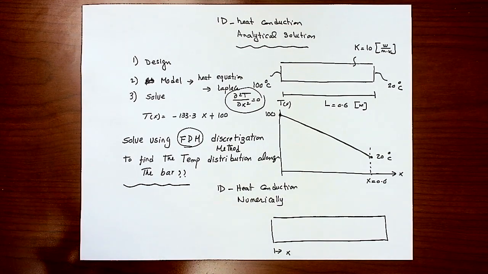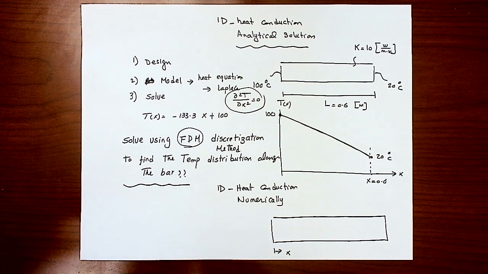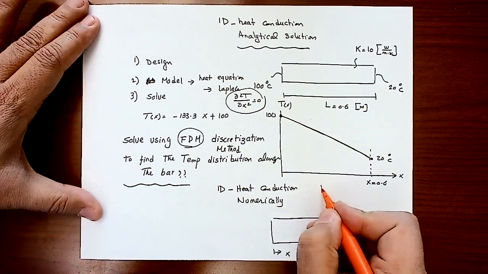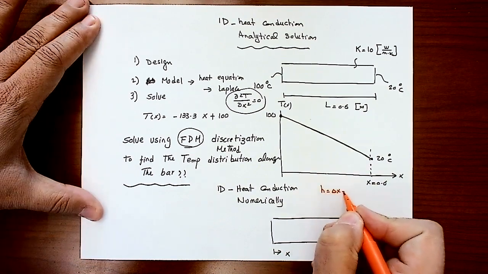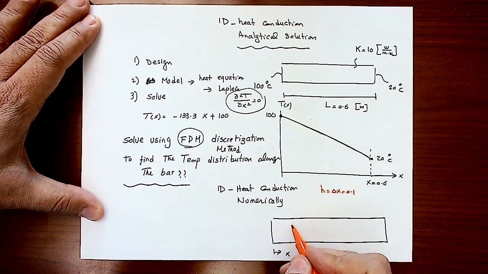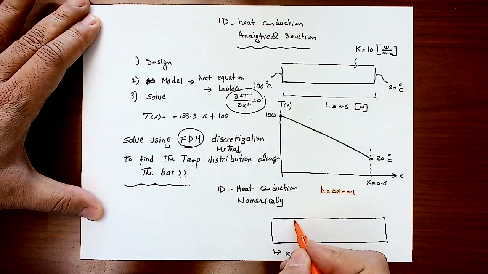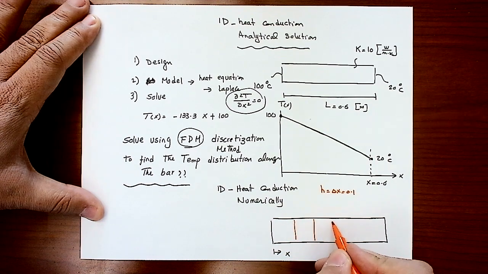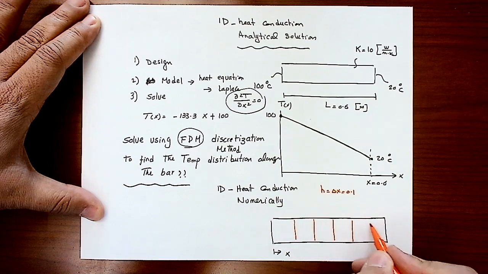So I'm going to divide my domain into pieces. I'm going to select my delta x, or h spacing, to be 0.1. This is 0.6 meters, so I'm going to have 6 subdomains, right? Here's 1, 2, 3, 4, 5, and 6.